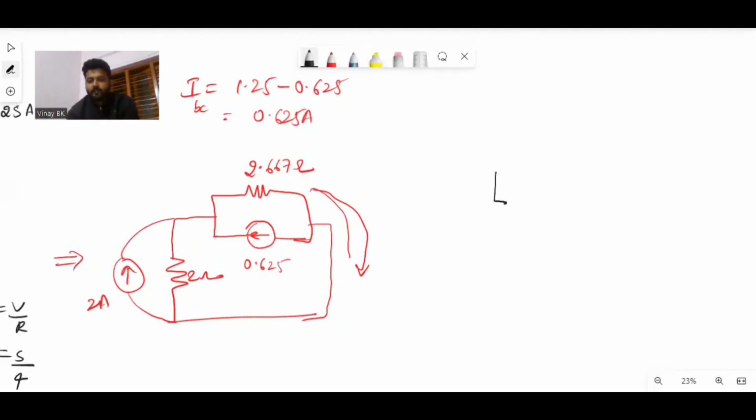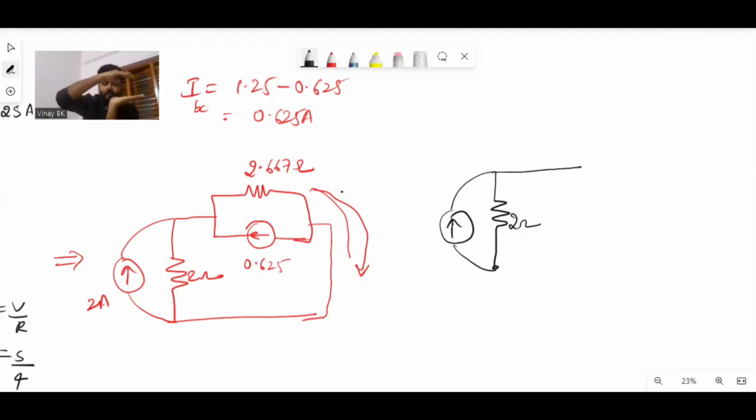So the circuit becomes like this: 2 ohm and 2 amperes with upward direction. Then I'm shifting these horizontal branches into vertical. So it becomes like this. Again, the arrow mark of current will be upward direction.